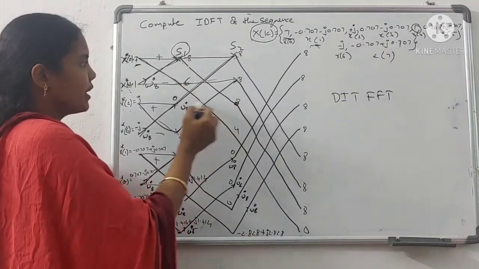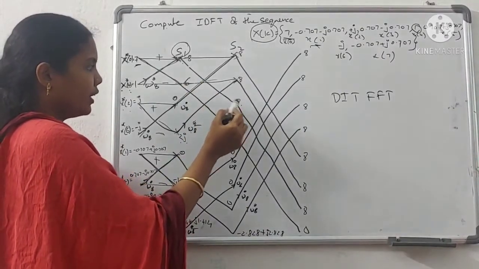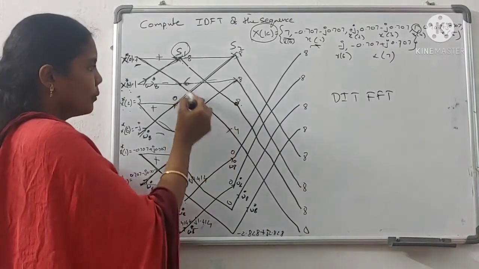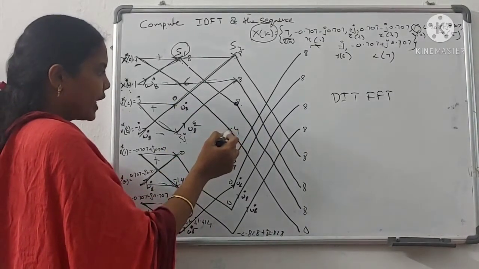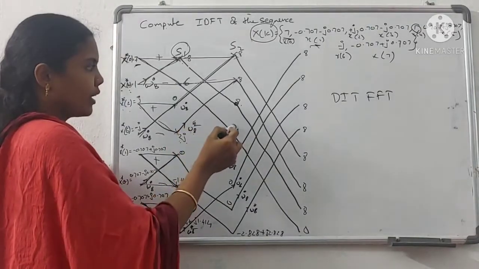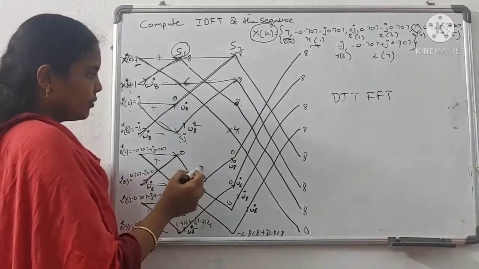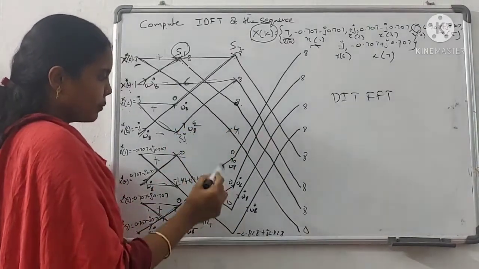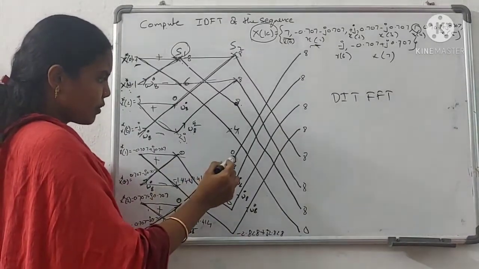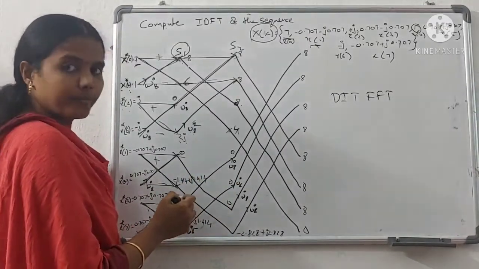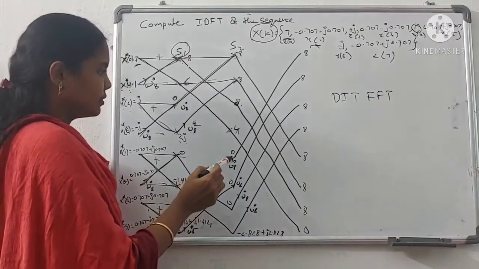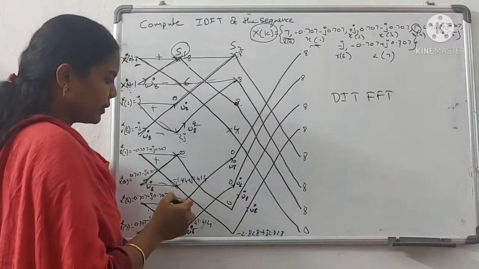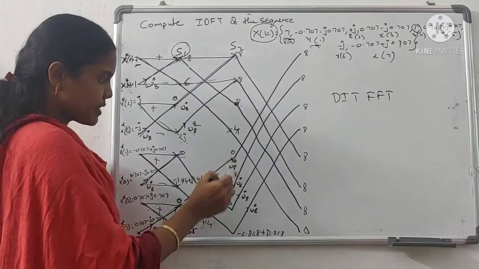One input is 8, second input is 0. You are getting 8. Next one is one input is 6 minus 2j into W_8^2. You are getting 4. In the same way, for the last four inputs also, one input is 0 and the other input is 0. You are getting the value as 0.